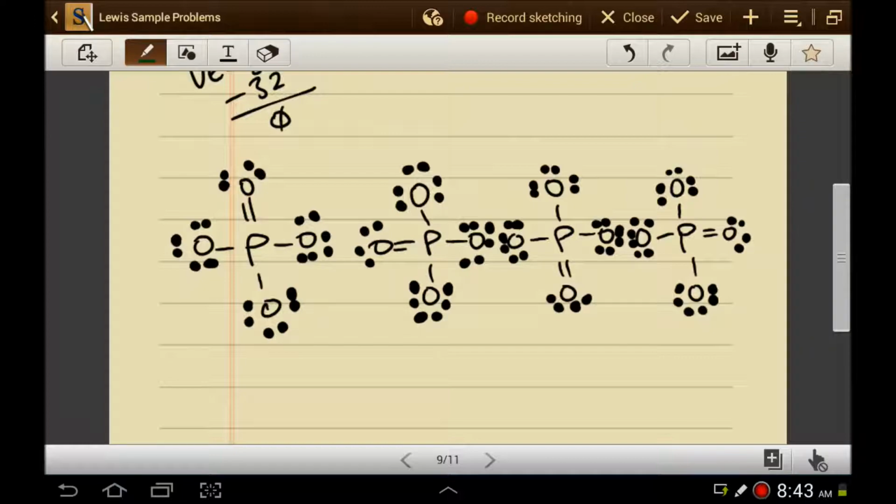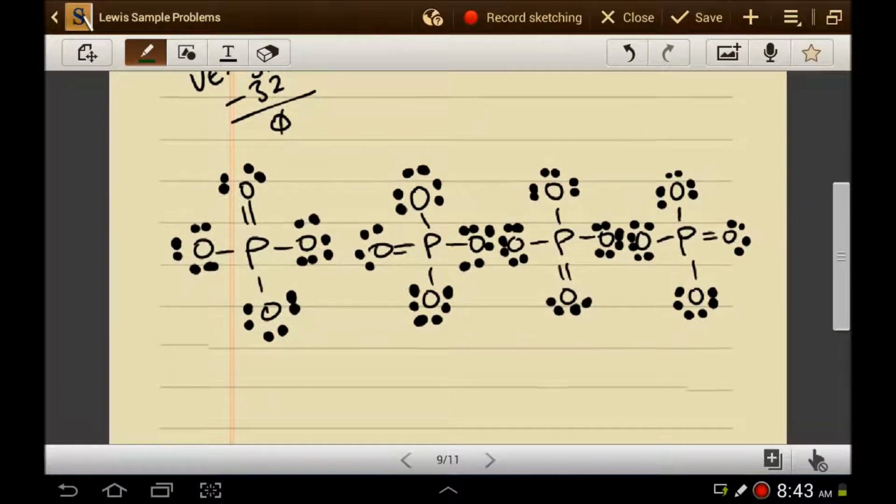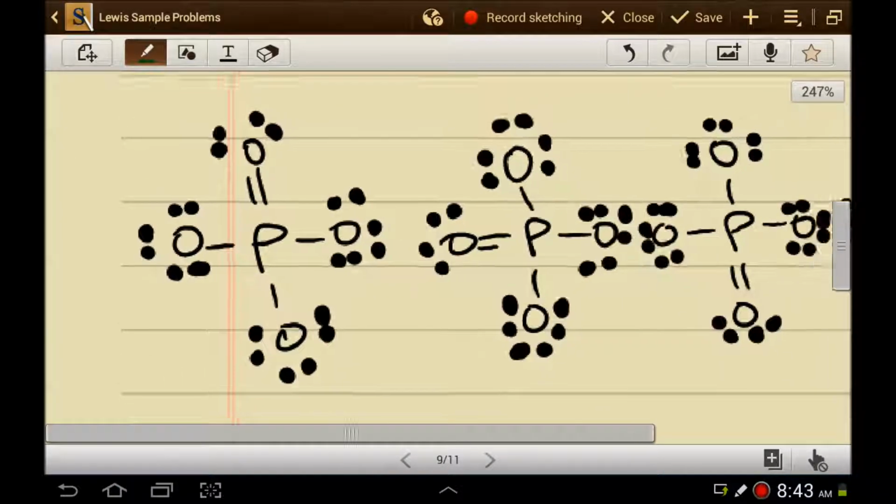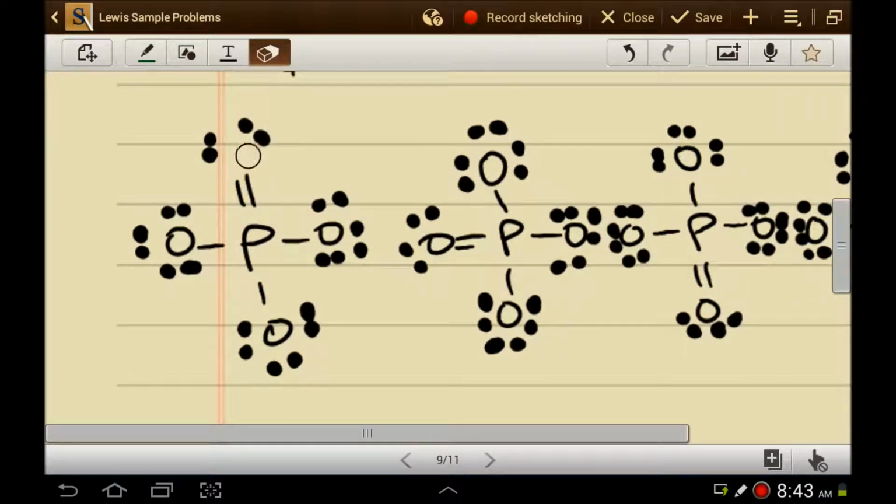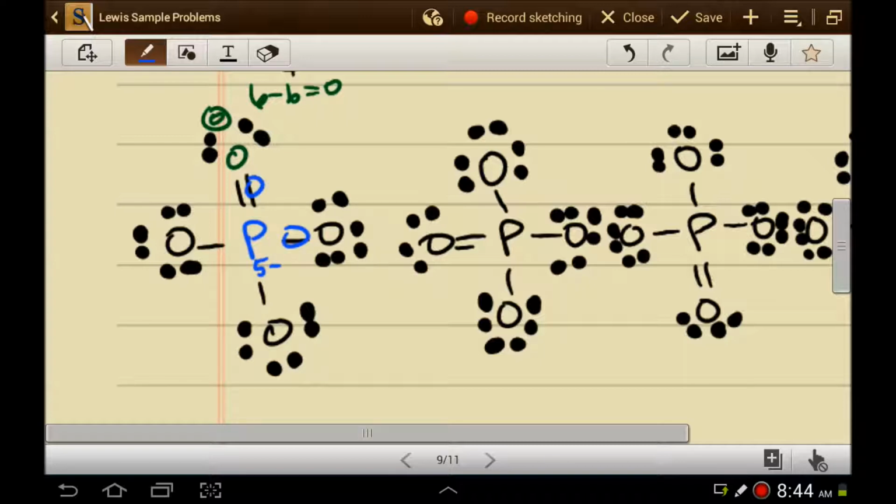However, when we start looking at the formal charges here, this oxygen has 6 minus 1, 2, 3, 4, 5, 6. 6 minus 6 is 0. So this oxygen has a formal charge of 0. This phosphorus is 5 minus 1, 2, 3, 4, 5. So this phosphorus has a formal charge of 0. And then as we saw before, these single bonded oxygens all have formal charges of -1.